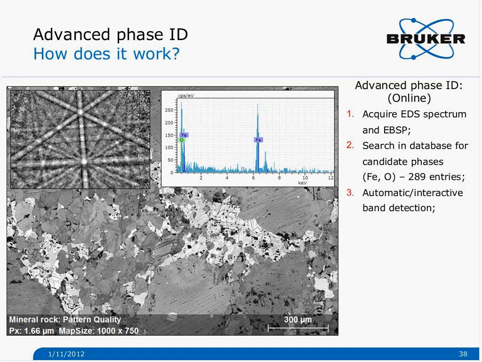Then the band detection is done. In the advanced phase ID feature, the band detection can be done in many ways, or you have more than one option: it can be done automatically or in an interactive way with a smart band detection that we can discuss later on if you are interested, or manually, where the user has full access to the band detection, either deleting or moving or slightly changing the position of a band.